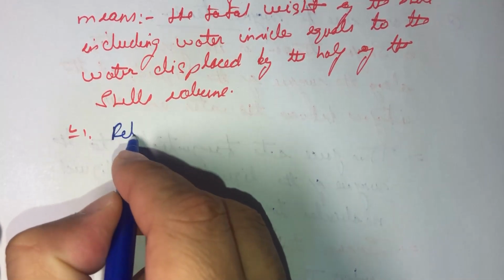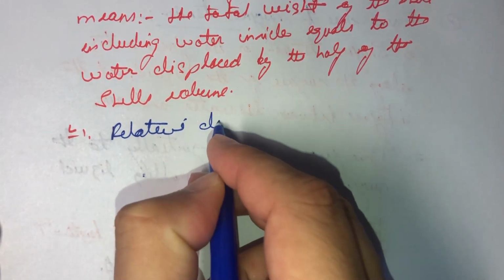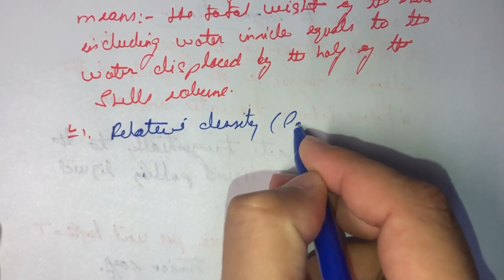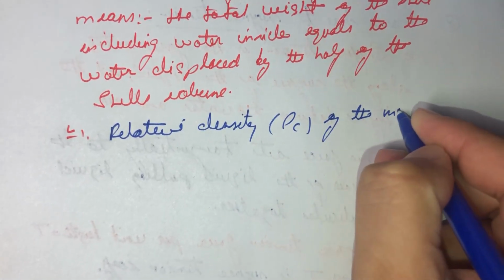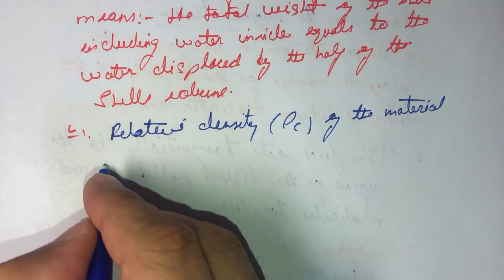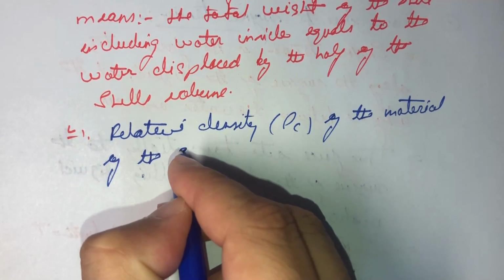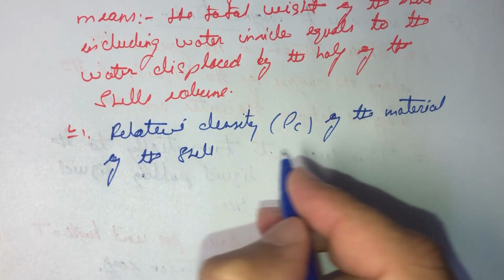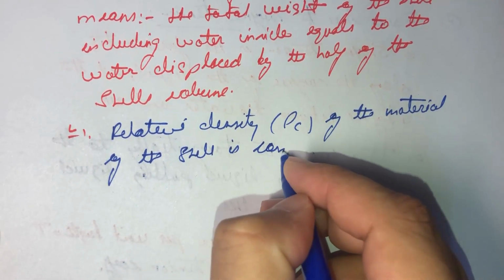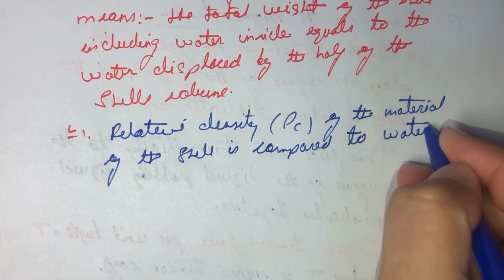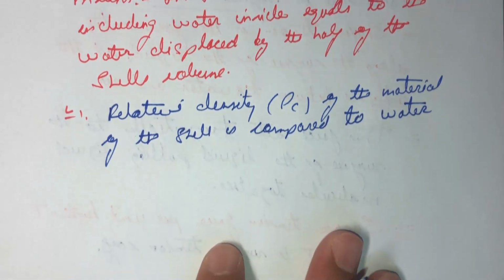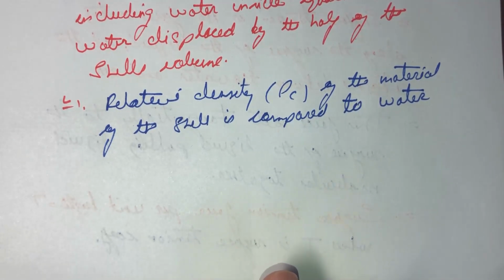So relative density rho c of the material of the shell is compared to water, and it is crucial in determining how much water is required inside the shell for it to be in equilibrium.